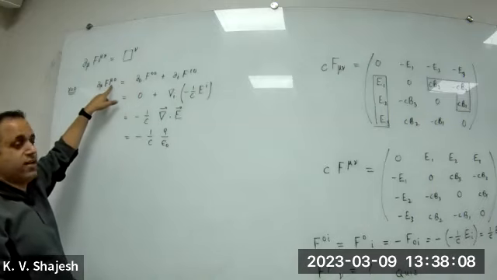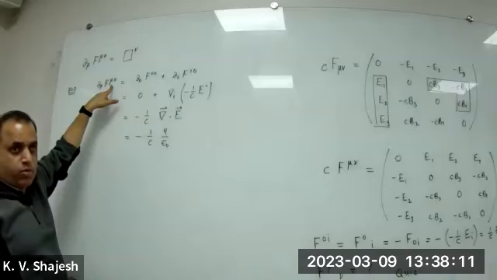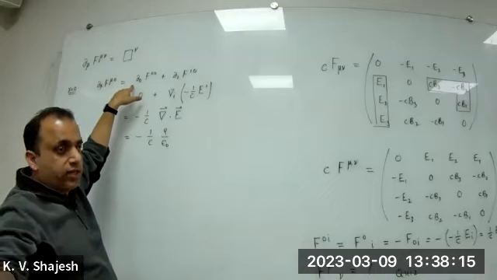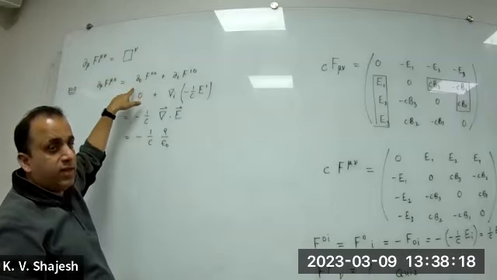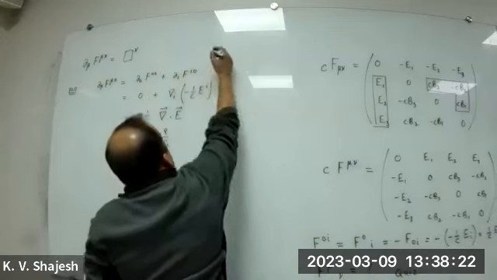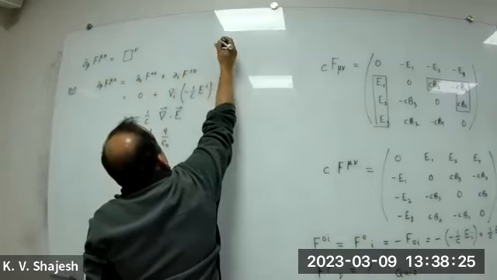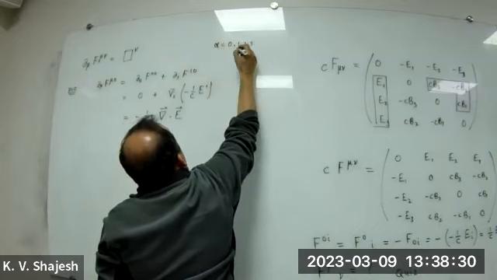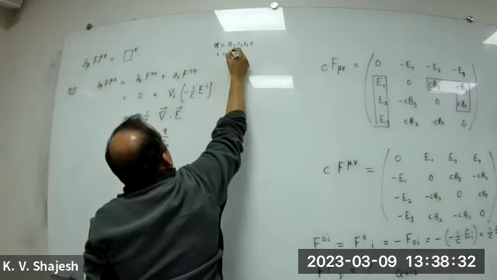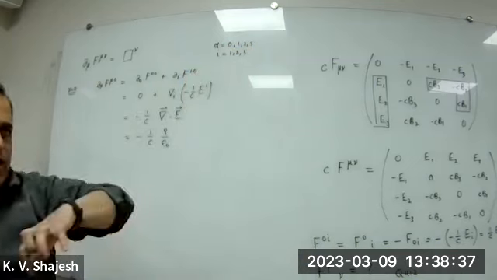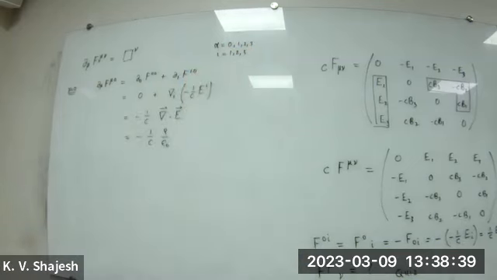Whenever I have an index repeating, it means it is summed over, from 0, 1, 2, 3. This is the 0, and i runs from 1 to 3, the time and the space components. Remember, our notation was Greek alpha means 0, 1, 2, 3, and Latin indices mean 1, 2, 3. So I separated the time and space so that I don't have to write too many pieces.